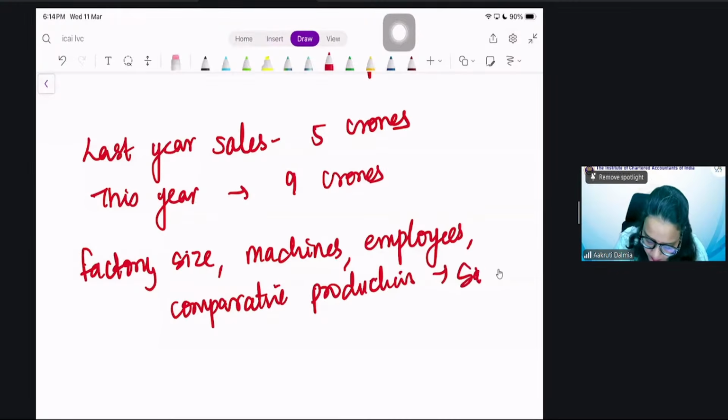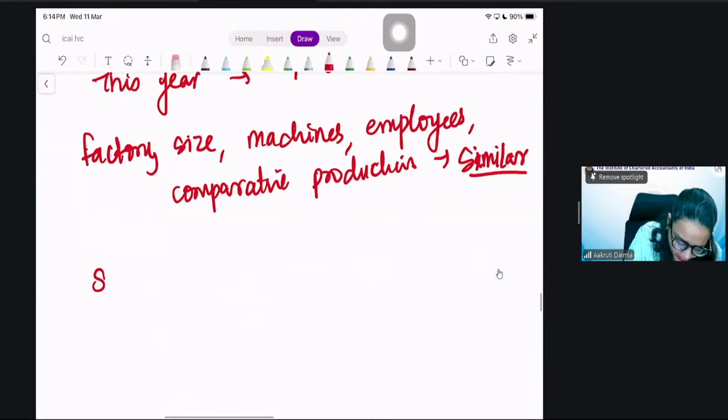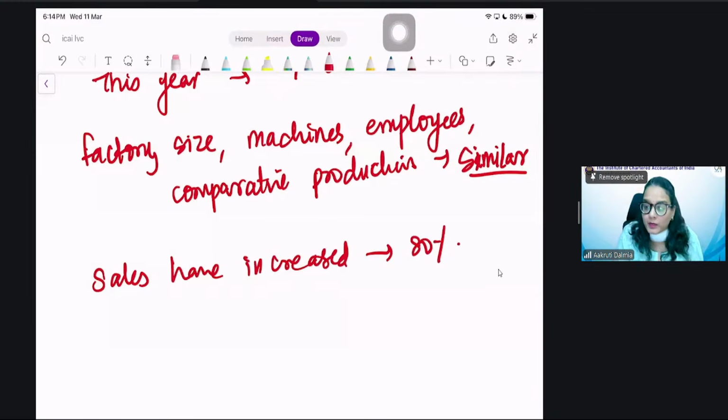They all appear to be similar to last year. So if sales have increased by almost 80%, what is the question you have?